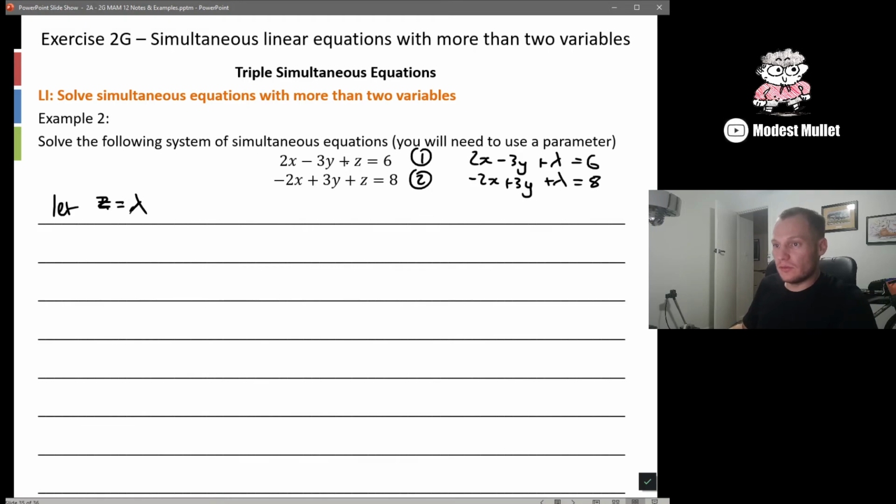I've got a 2x and a negative 2x. Let's see how this goes. I'm going to do 1 plus 2. So it follows on, x minus 3y. Have I copied this down wrong? Because this is going to get an error.